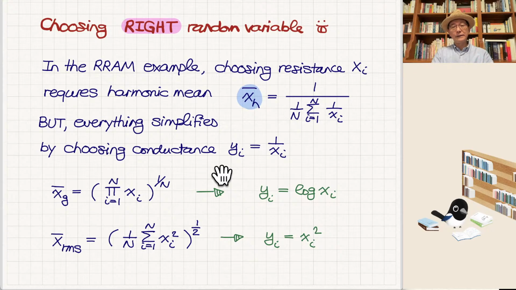It turns out if I just choose the conductance as the data, I can just use the ordinary statistical tools without any problems. So now, with this in mind, can we reinterpret the geometric mean or the root mean square? The answer is yes, we can.